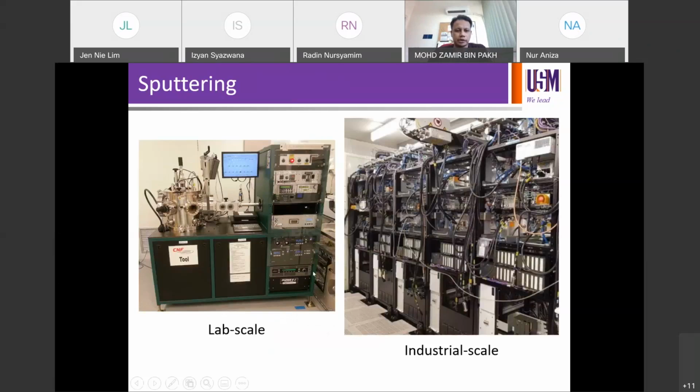So this is how a lab scale sputtering system looks like. If you've never seen such a system, typically this is how it looks for a lab. This is industrial scale. This is the system that we used in Fuji Electric last time to do hard disk drive deposition. We did deposition on 2.5 inch aluminium or glass disc.